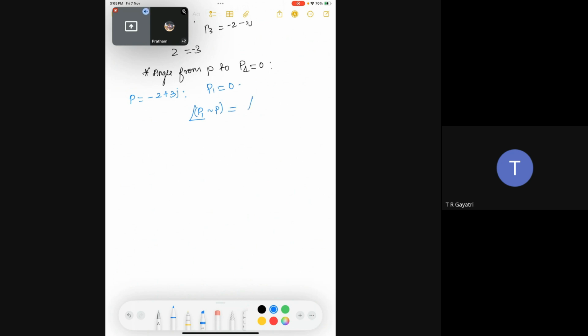The angle can be found like this. Since it is a complex number, you can find this from your calculator. Otherwise, if you are using an online tool, you can find it using atan2 of imaginary comma real. Since the other pole P1 is 0, you have only 0 minus (-2 plus 3j).